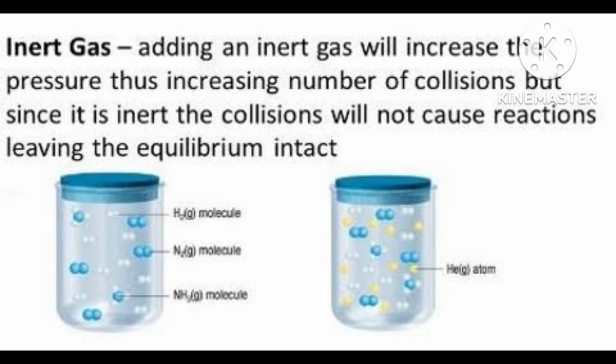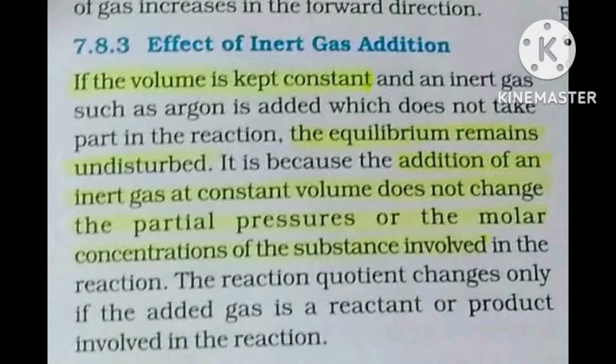Two test tubes are there, both with NO2 gas. One in the freezing mixture, where the temperature is low, the other in a high temperature vessel. Now what will happen, you have to understand.